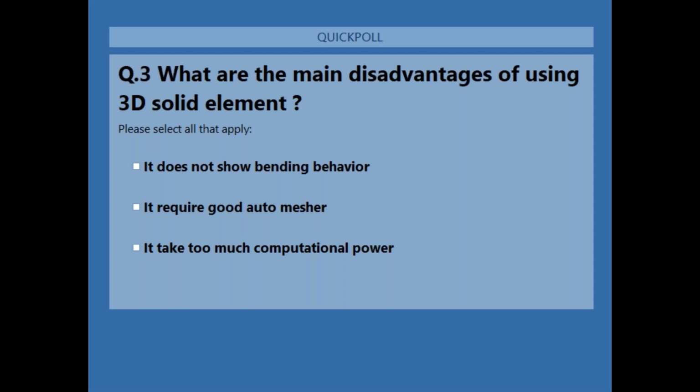What are the main disadvantages of using a 3D solid element? It does not show bending deformation.